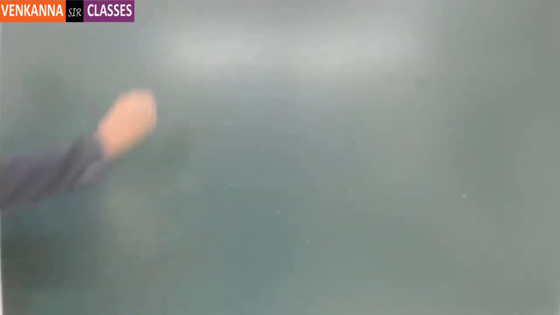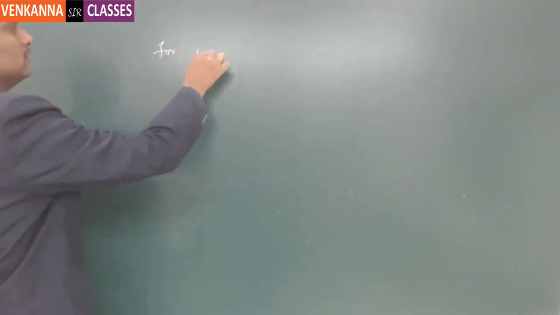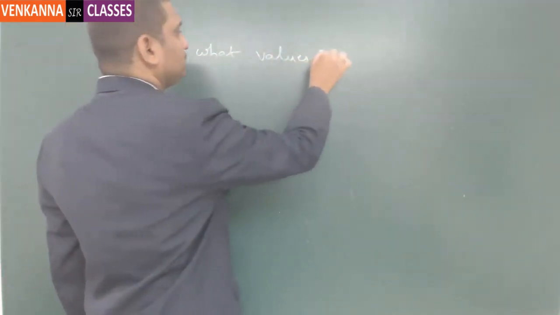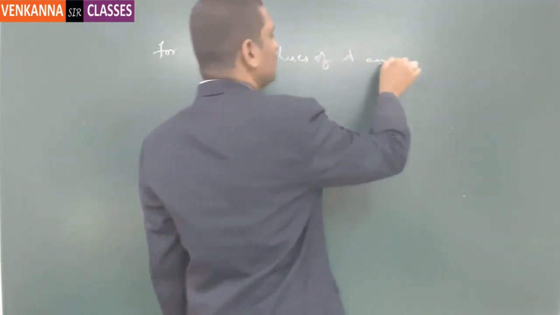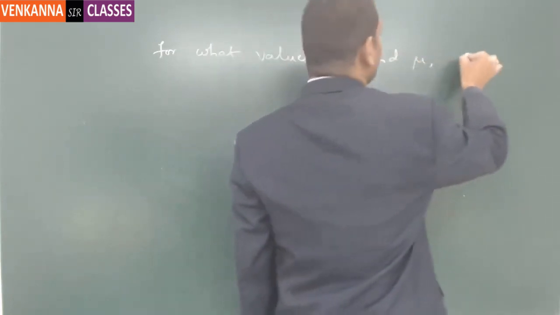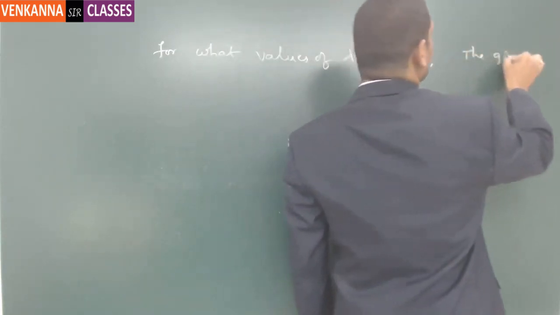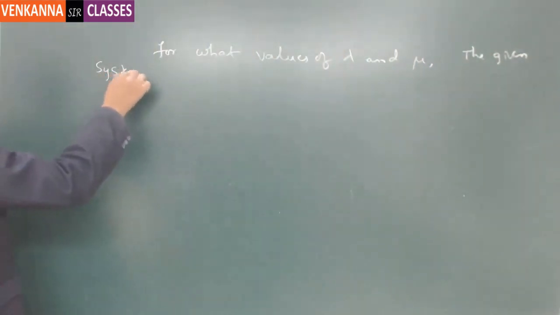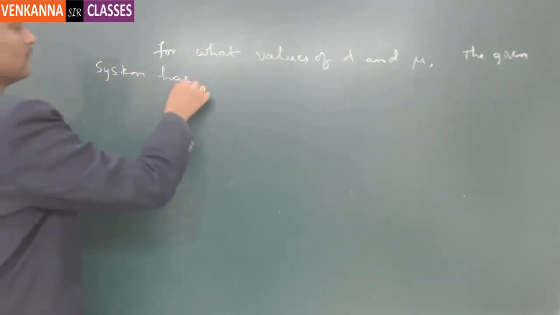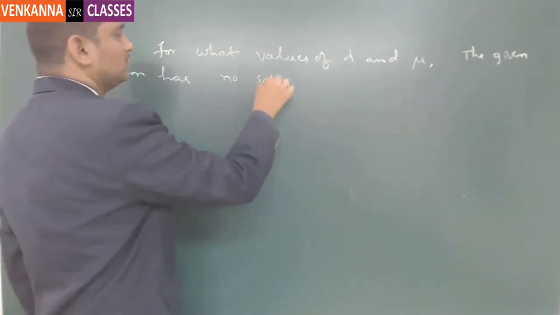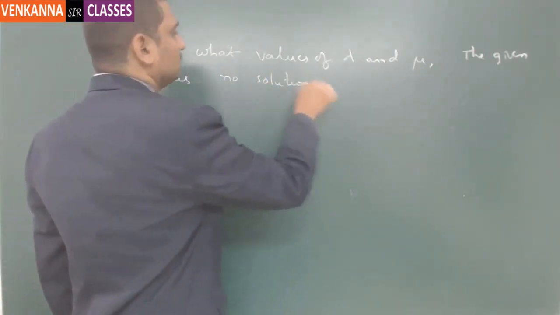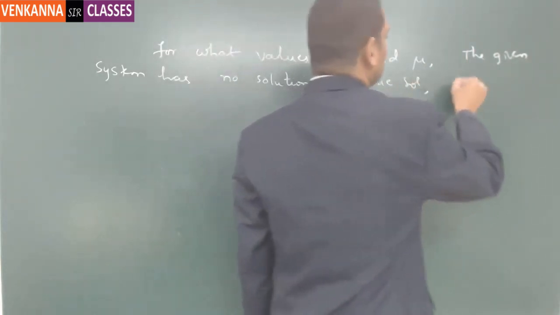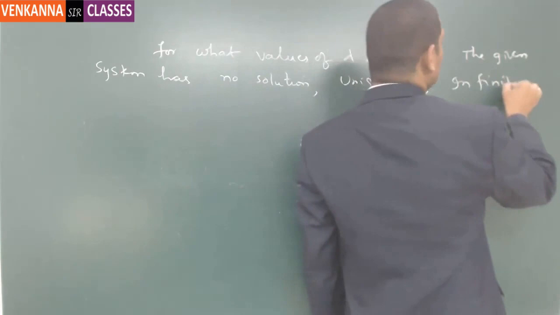The question is, for what values of lambda and mu does the given system have no solution, unique solution, and an infinite number of solutions.